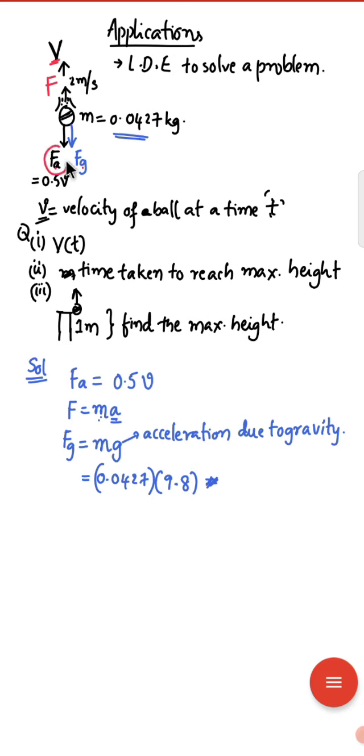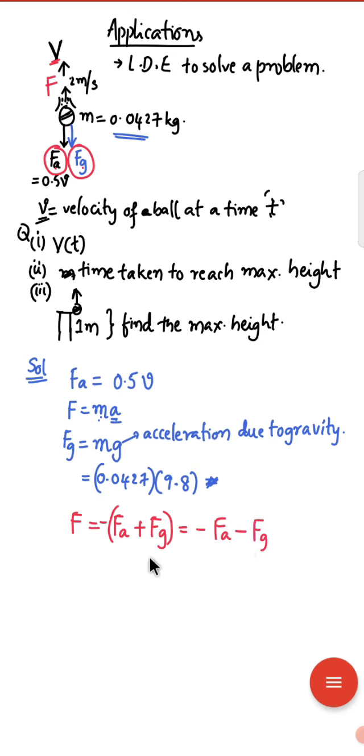So the force capital F is equal to the sum of Fa plus Fg. We know force has a direction. So if we take capital F as positive, then Fa and Fg are acting in the opposite direction, so we will have a negative sign here. So capital F is equal to minus Fa minus Fg.